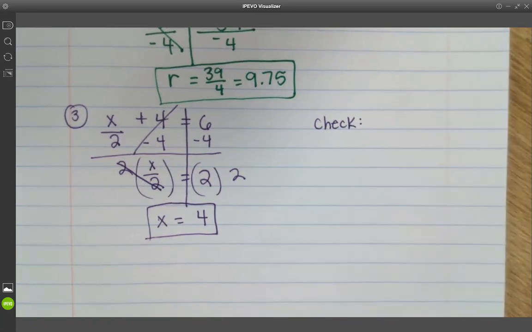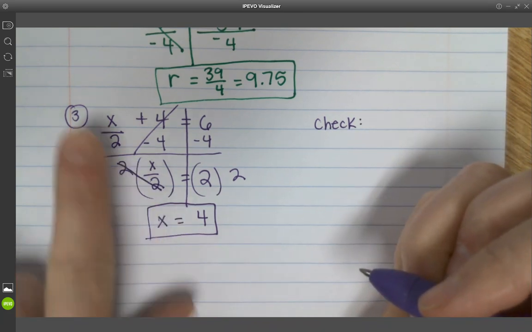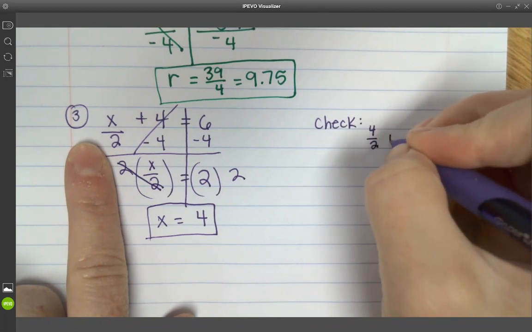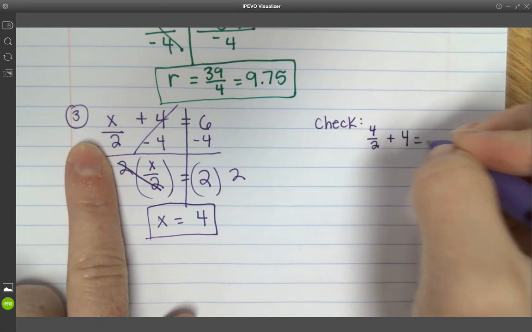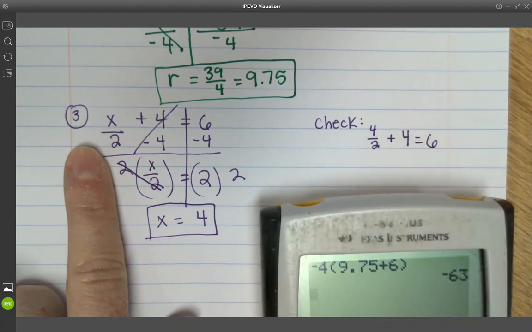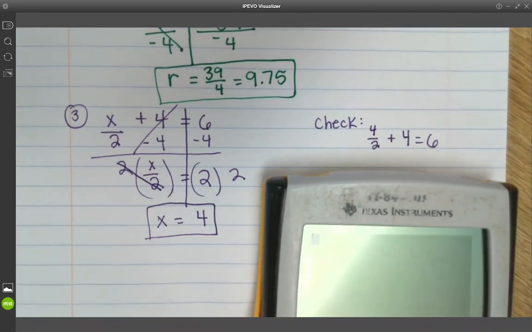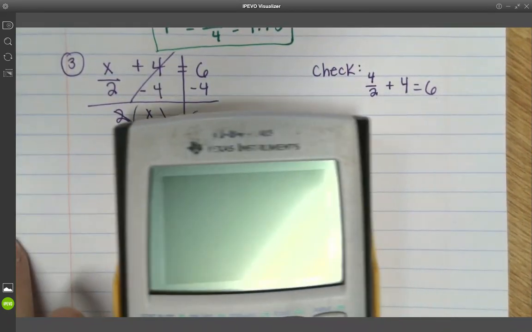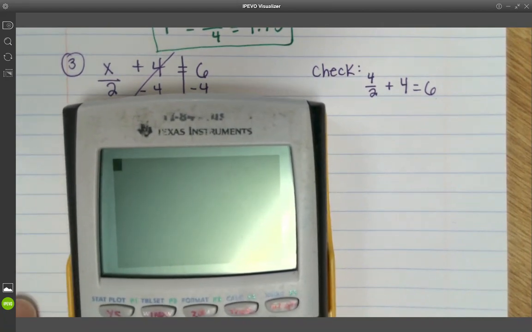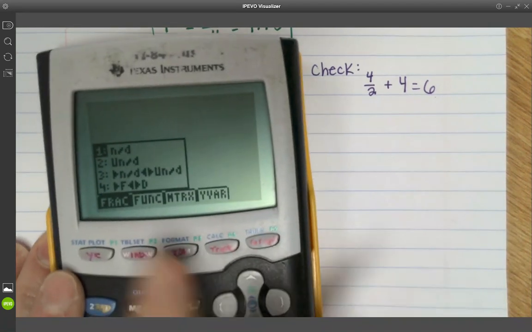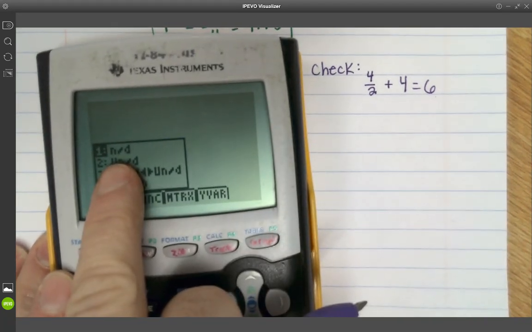So sub it in. I want you to write down what you're subbing in. We're subbing in the 4 for the x. So this means we'll have 4 over 2 plus 4 equals 6. Whenever you get your calculator that's been updated, this is really neat. I don't know if y'all had this last year or not, but if you do alpha y equals, there's a hidden menu. And see how that says n/d?